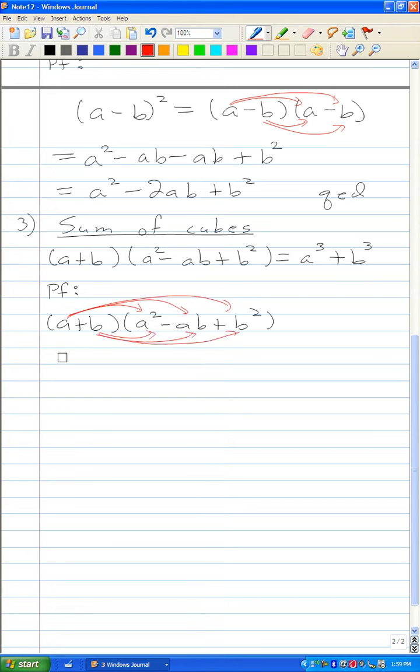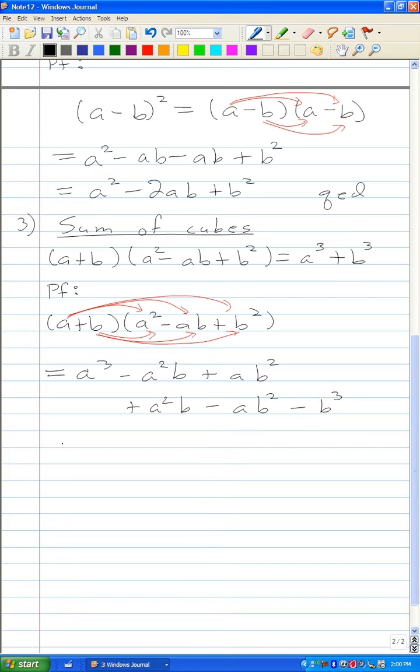And so I get a cubed minus a squared b plus ab squared plus a squared b minus ab squared plus b cubed.